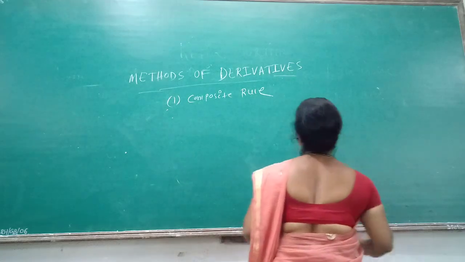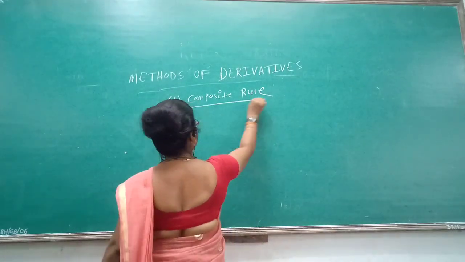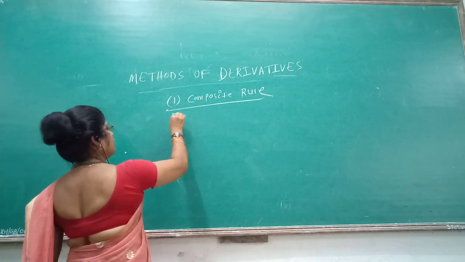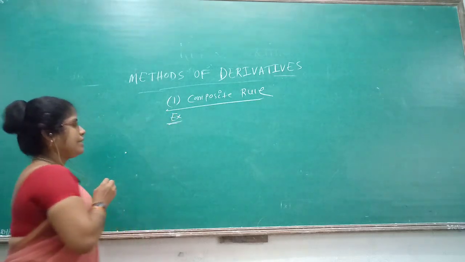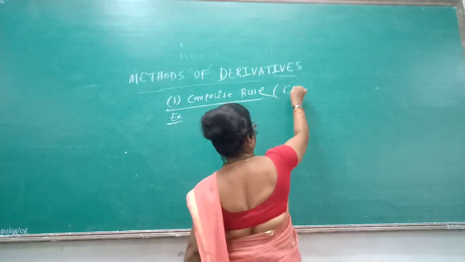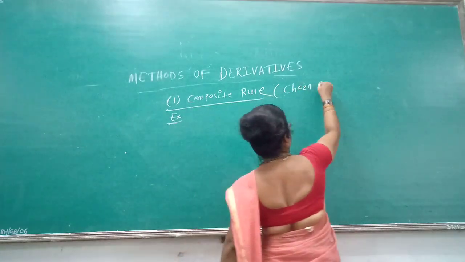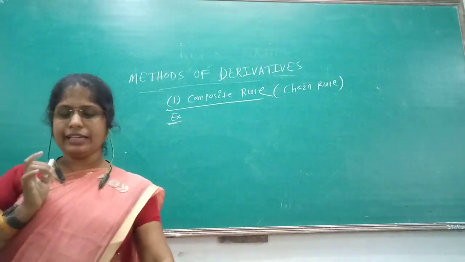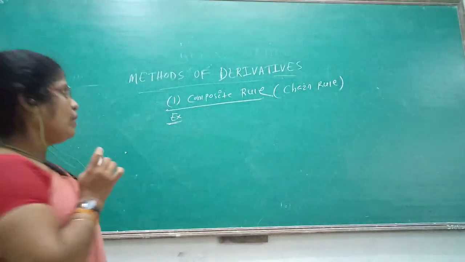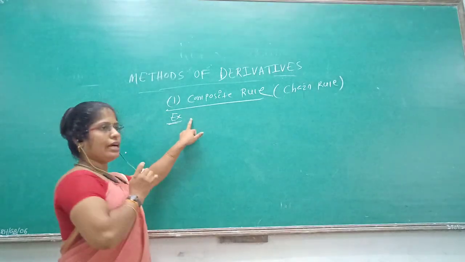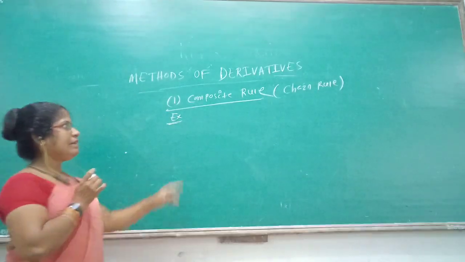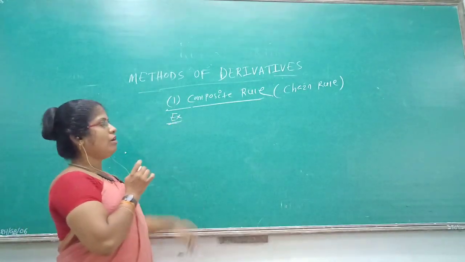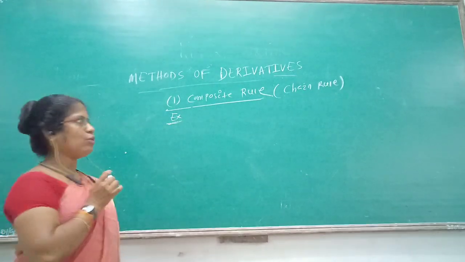Now first of all discuss the composite rule. That is also known as chain rule. That is, after creating some chains and then multiplying, we calculate the derivative of a composite function, or composite rule, another name is chain rule.